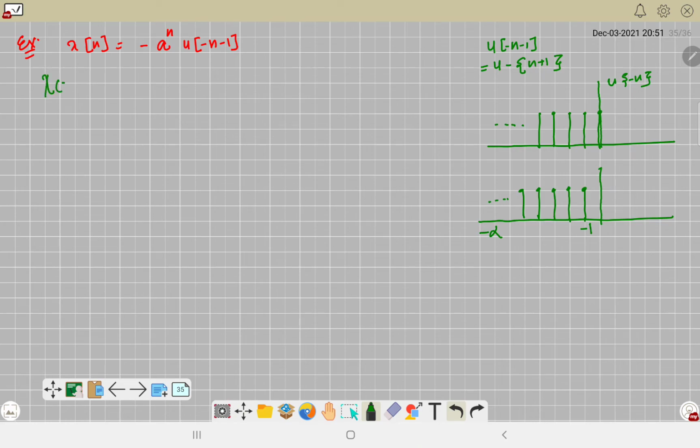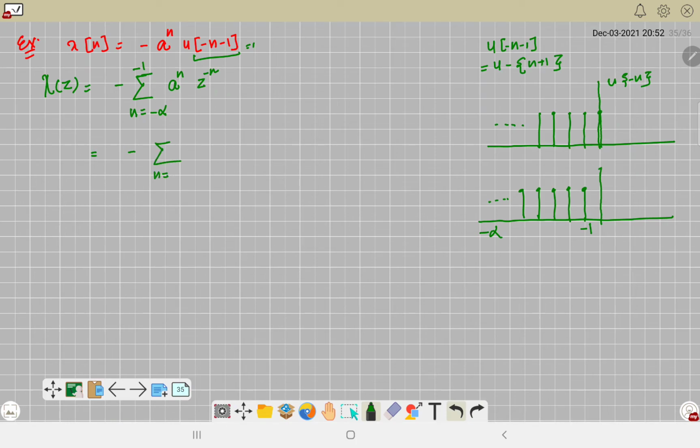So if we try to find the z transform, it will be minus the summation n equal to minus infinity to minus 1, because in this range the sequence is equal to 1, and internally we will have a to the n times z raised to the minus n. Again, you can slightly rearrange the terms.